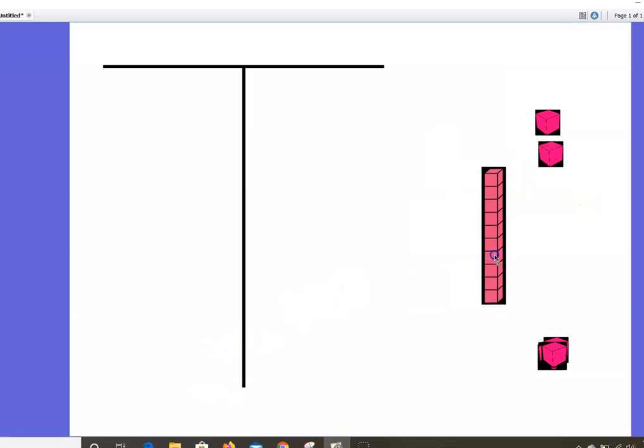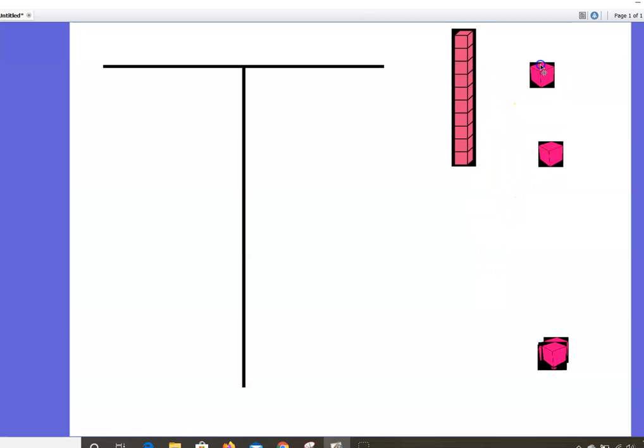So we have 10 plus 2 as our addition problem. In my brain, I want to hold the idea that my 10 is just a 10, and since I only have two ones here, I'm just going to put the ones right there. So I know 10 plus 2 is going to be 10 and two ones, which is 12.